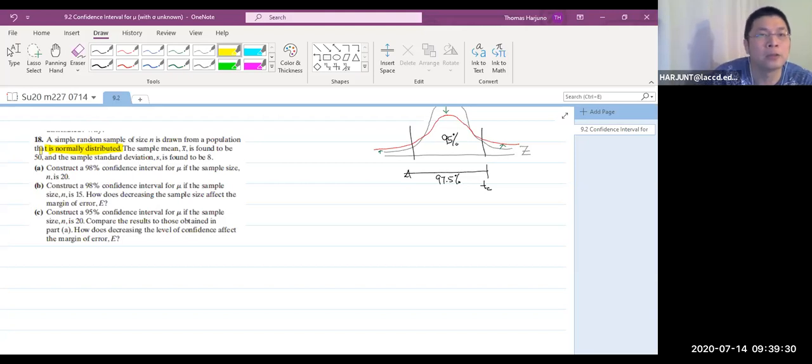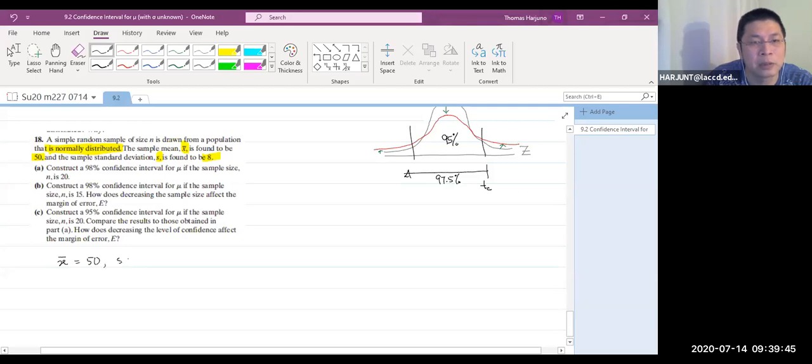Now from here we see that the sample mean X bar is 50, sample standard deviation is 8. Let me write it down first. Sample mean is 50, sample standard deviation is 8. Now in part A, they say construct a 98% confidence interval.